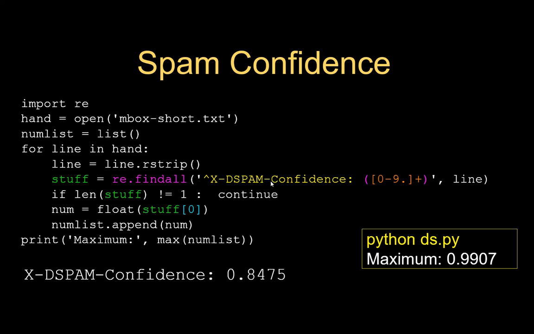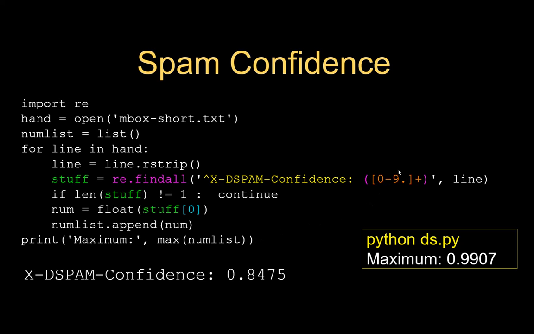That's basically the spam confidence of that file. So we create a list of the spam confidence values, which are digits, and we find each of them and populate that list. At the end of this for loop, when we have gone through all of the lines of the file, we say the maximum is the maximum of this list.